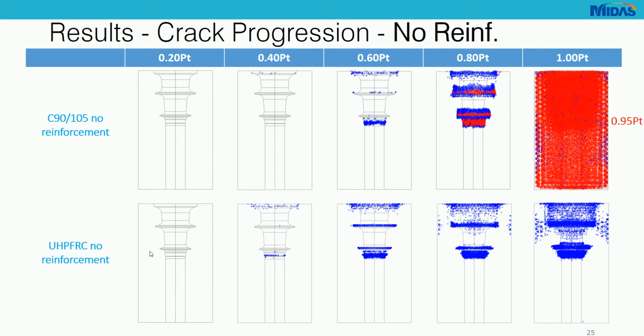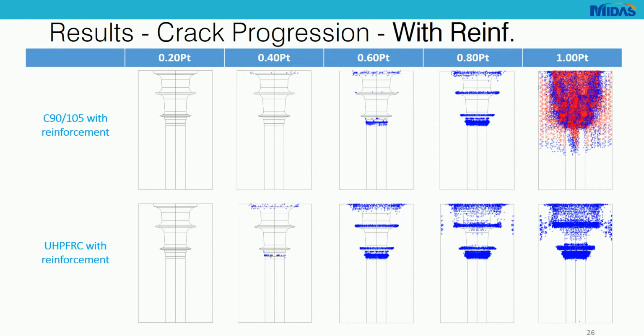Whereas we can see a gradual increase in crack distribution in the ultra high performance fibre-reinforced concrete model, but we don't have fully open cracks yet. Everything is partially open.